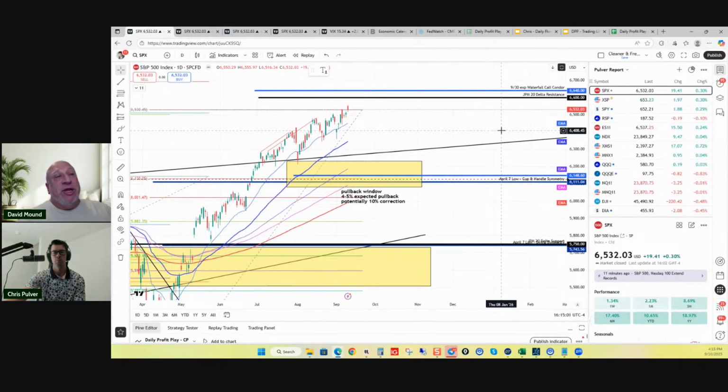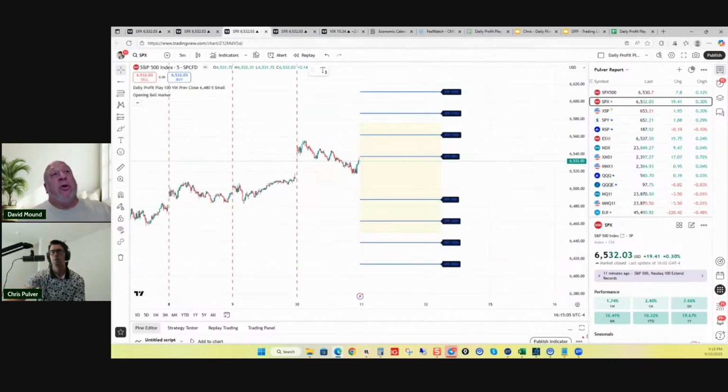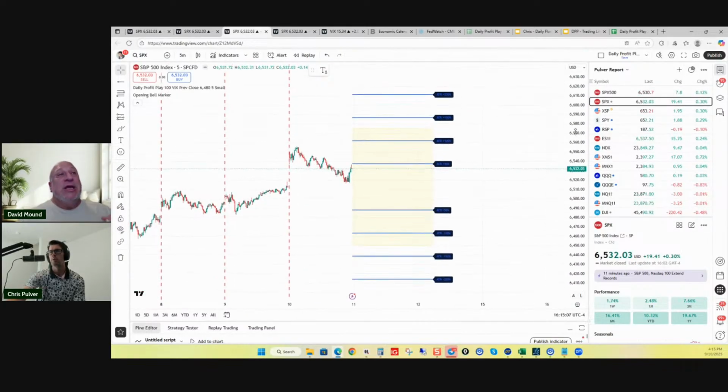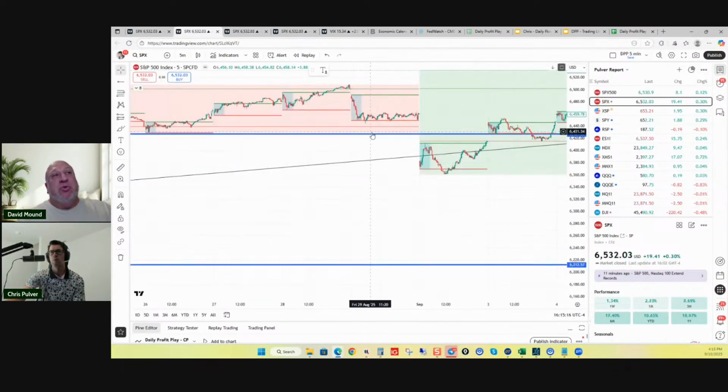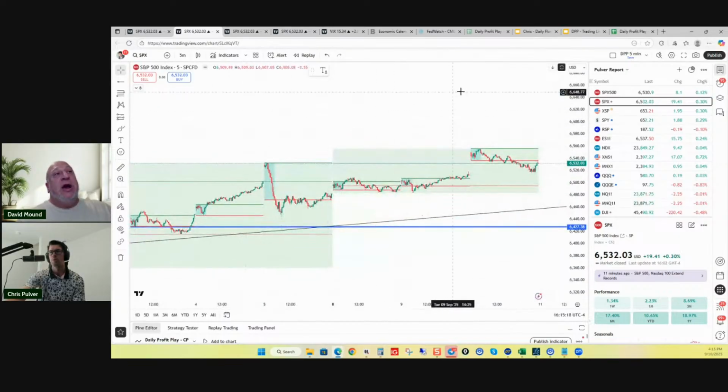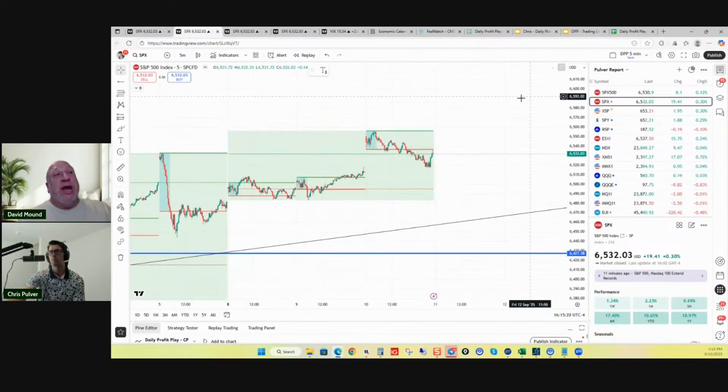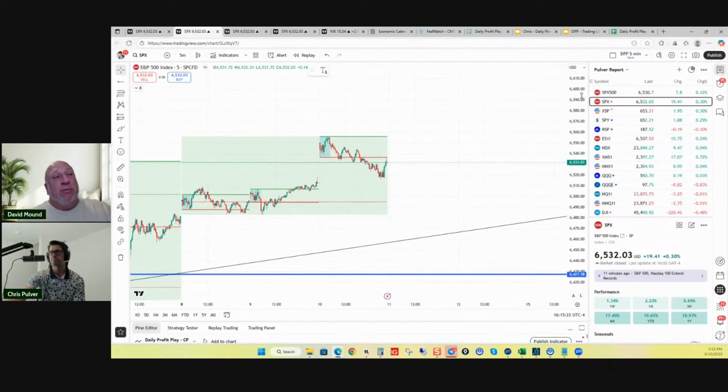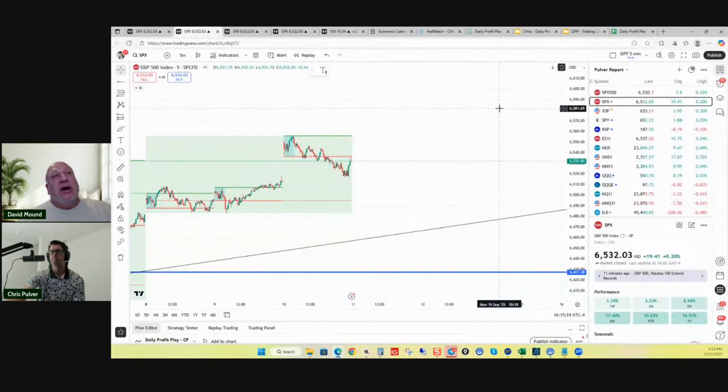What Chris just demonstrated is an example of a play for tomorrow, but he's not going to take it today. He's going to see what happens in the morning. Say it opens $2 more than what it closed at today. He's going to wait till tomorrow, see what it actually opens at, see what the actual market maker move is, and base it on that.